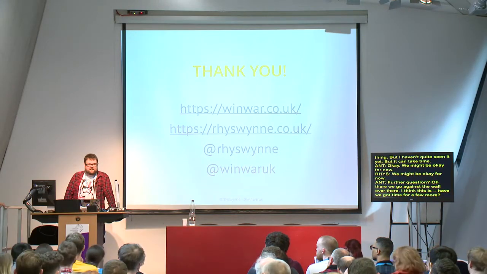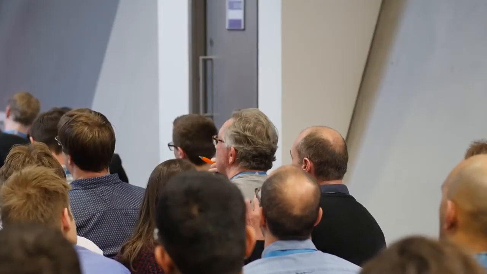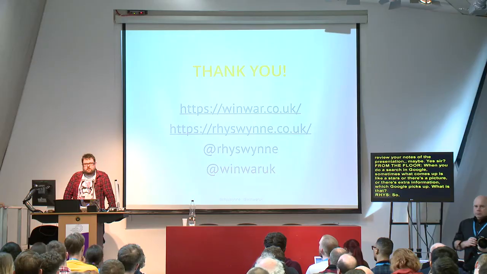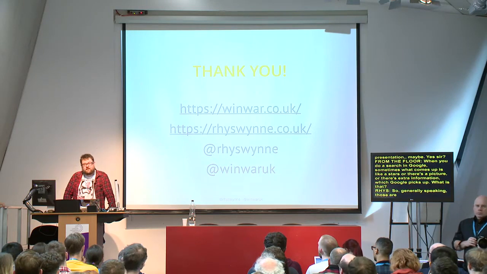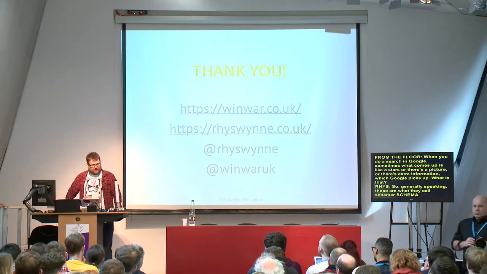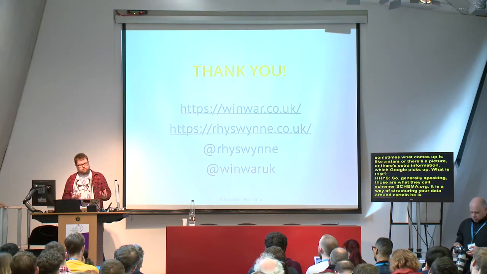When you do a search in Google, sometimes what comes up is stars, or there's a picture, or there's extra information, which Google picks up. What is that? Generally speaking, those are what they call schema, schema.org. It's a way of structuring your data around certain things. So the stars generally are for things like reviews.